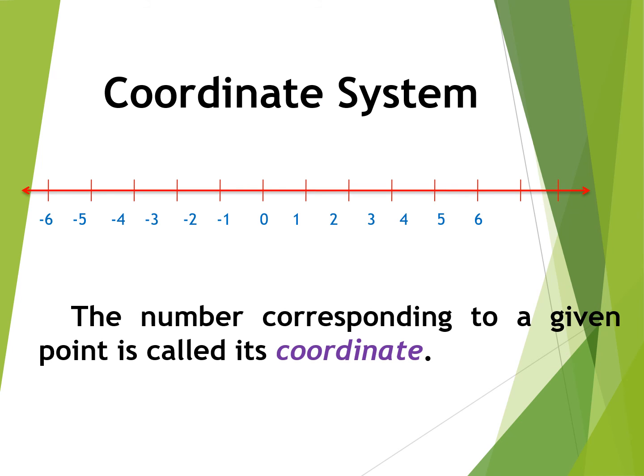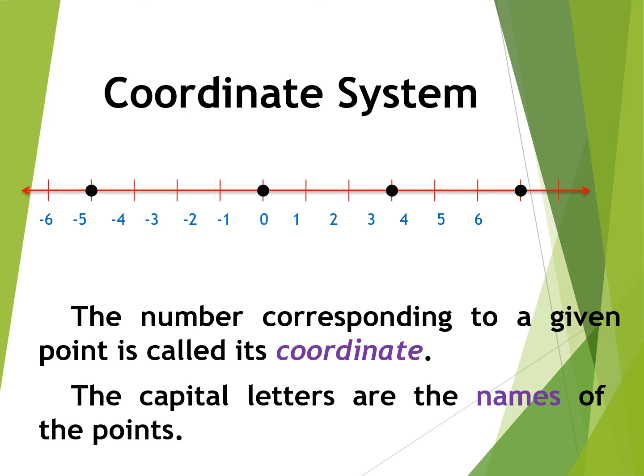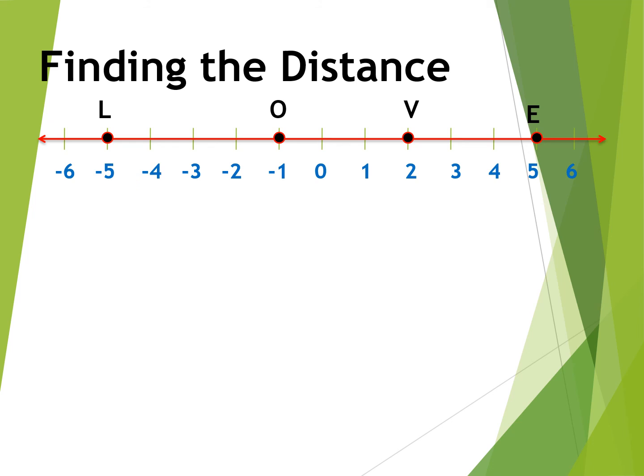The number corresponding to a given point is called its coordinate. So the coordinates are -5, 0, 4, 3.5, 7, and so on. The capital letters are the names of the points: L, O, V, E. So how are we going to find the distance from L to O, from O to V, and V to E?